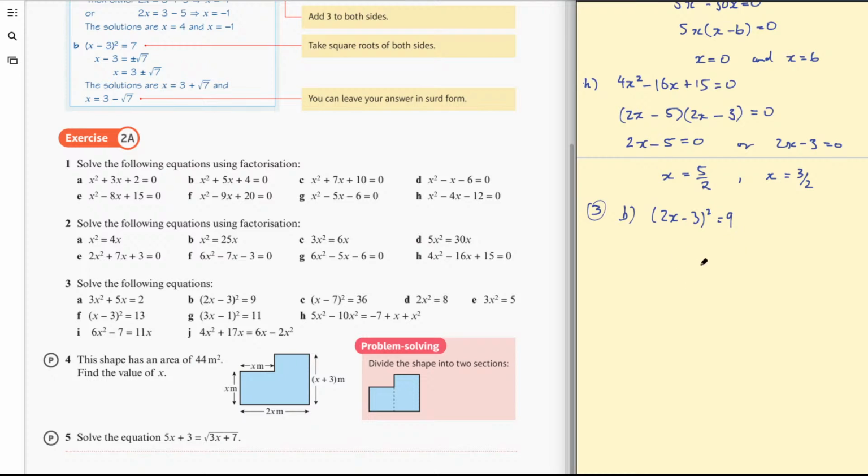We can take the square root of both sides. So if you take the square root of both sides, you'll be left with 2x take 3 equal to positive or negative 3. The square root of 9 is 3. And then we can solve this. So now we split it into two solutions. So we've got either 2x take 3 equal to positive 3, or 2x take 3 equal to negative 3.